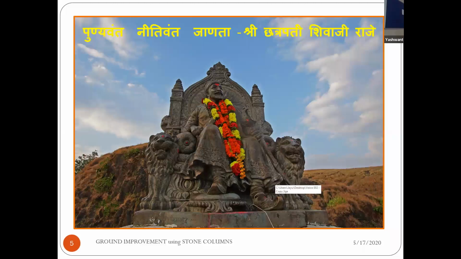We also know that he had more than 300 forts under him. We're just going to pass a brief 5 to 10 minutes, not more than that. He had more than 300 forts built. Many of them were constructed by him, and the remaining were either maintained, modified, or reconstructed as per his requirement.